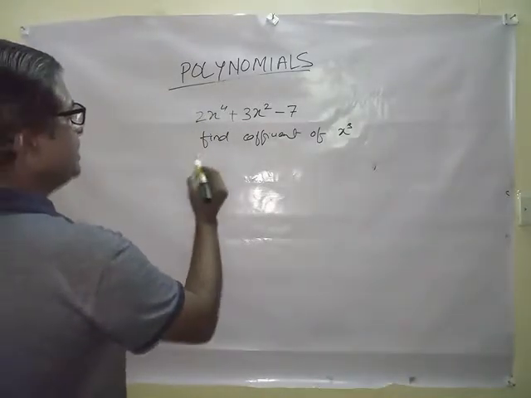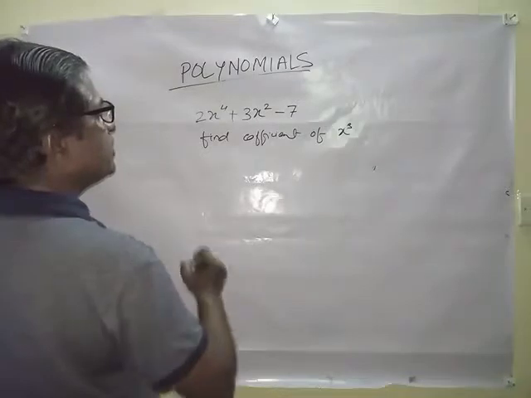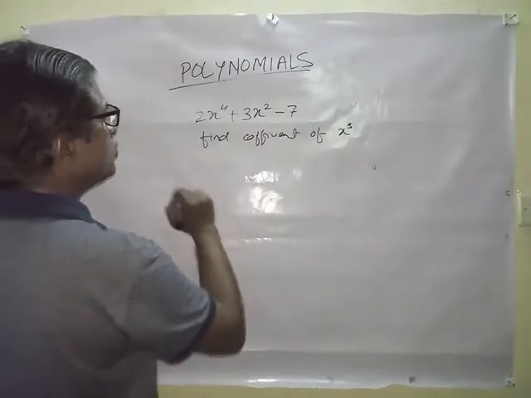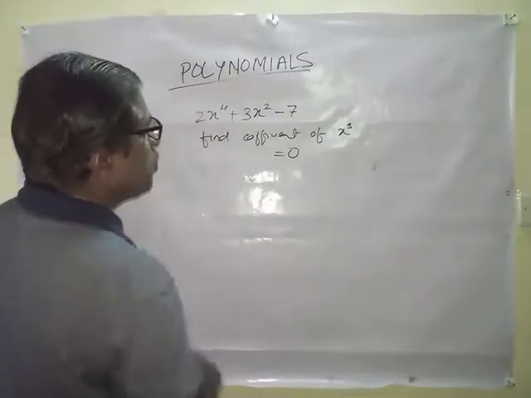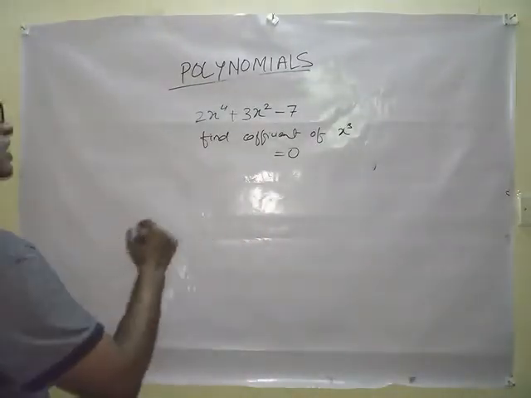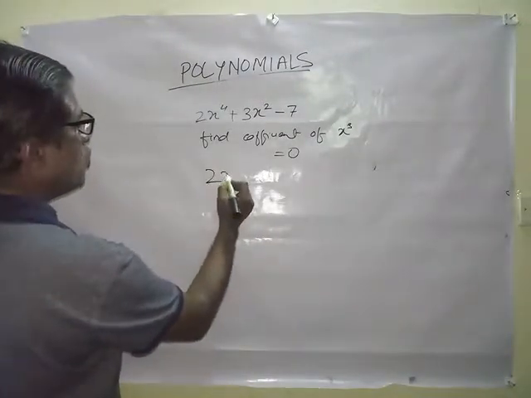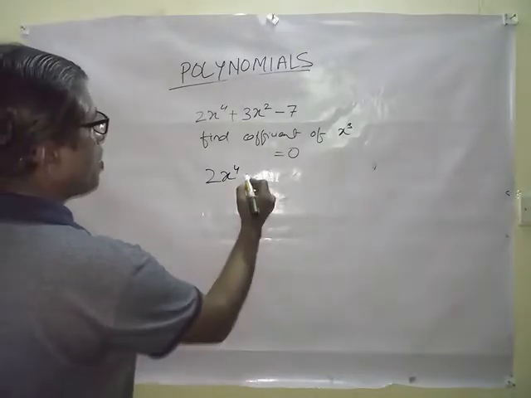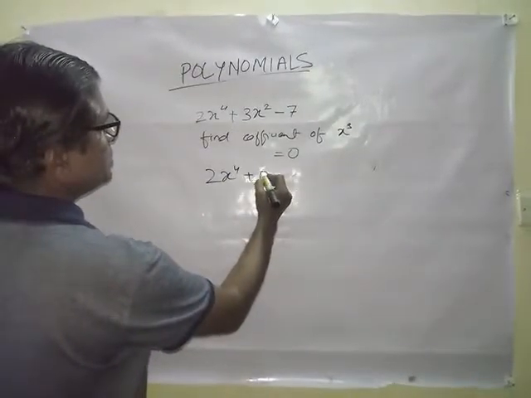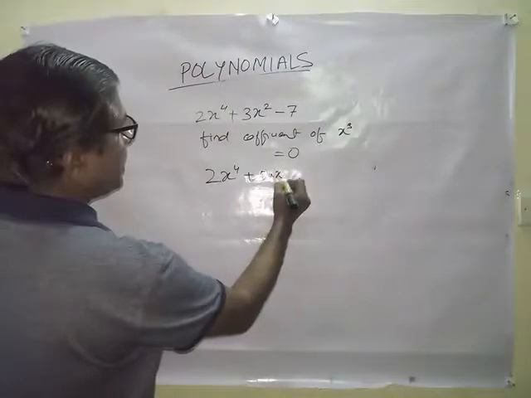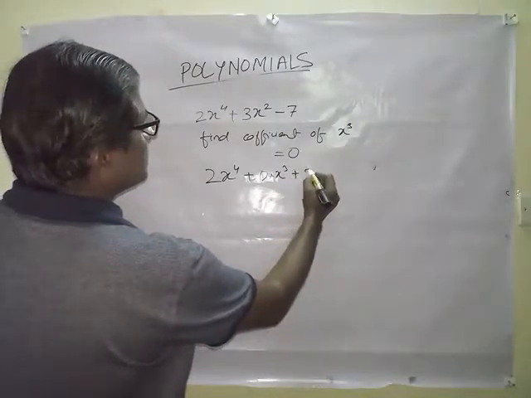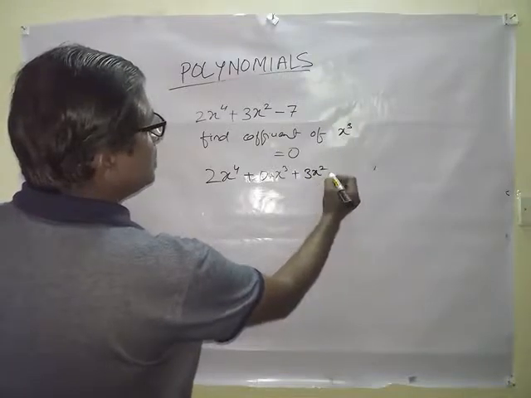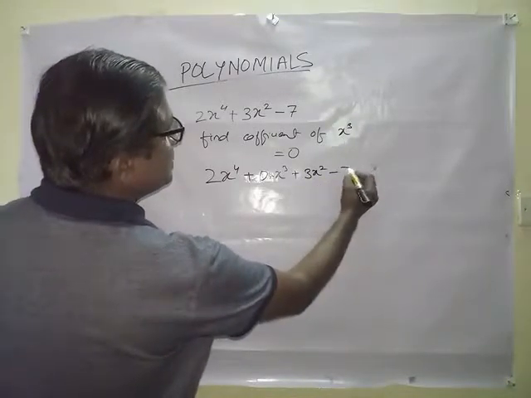Basically, the coefficient for x raised to power 3, because it is not seen here, will be equal to 0. Because in this equation you can write 2x raised to power 4 plus 0 multiplied by x raised to power 3 plus 3x square minus 7.